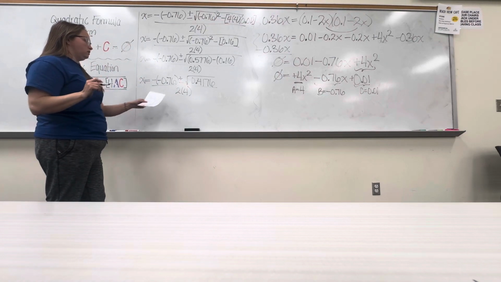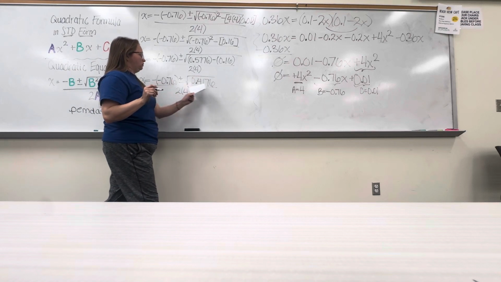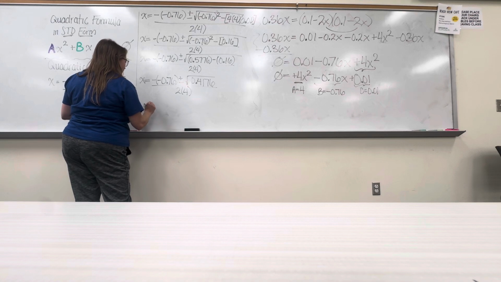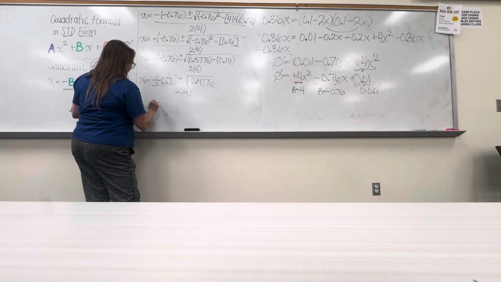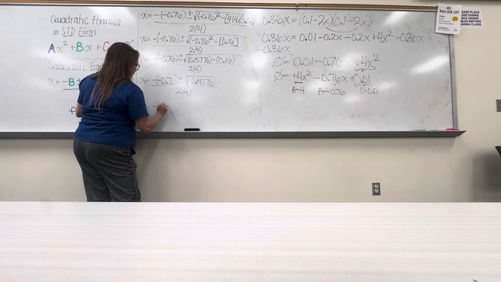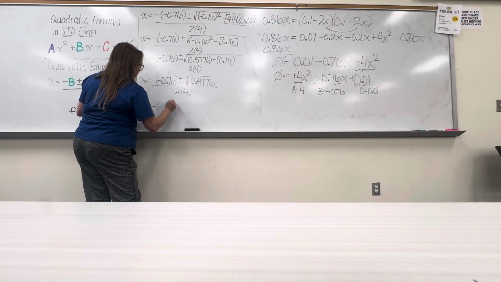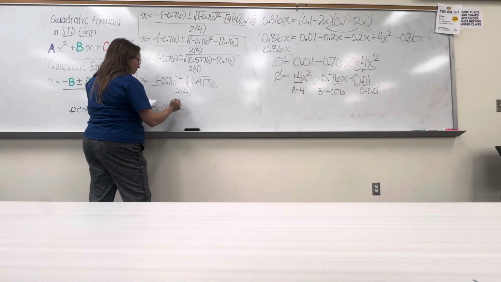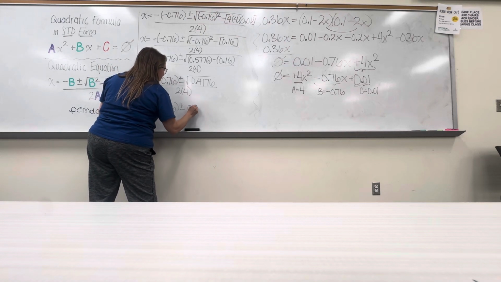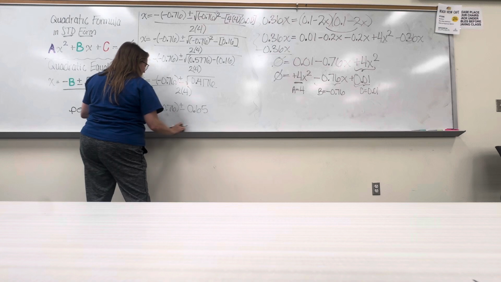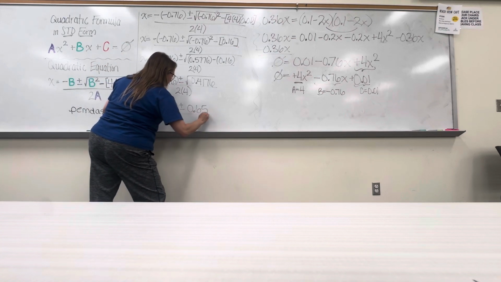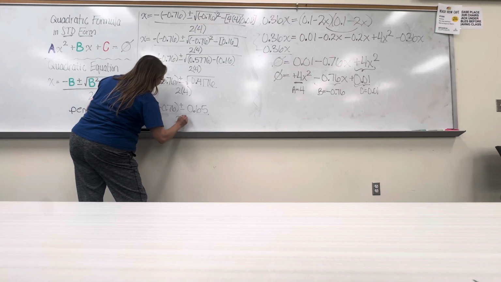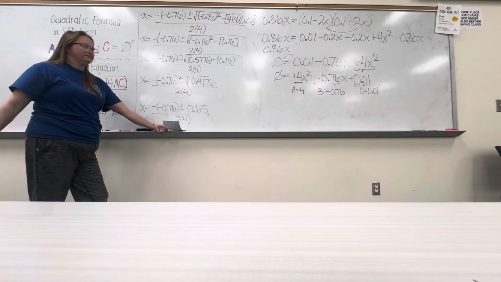All right, now we're gonna do that radical. So X equals negative 0.76 plus or minus. That radical is going to give you a value of 0.65, okay? All over, once again, write everything out, 2 times 4, right?